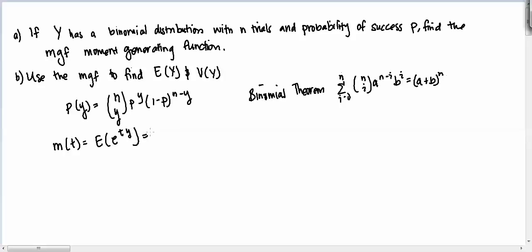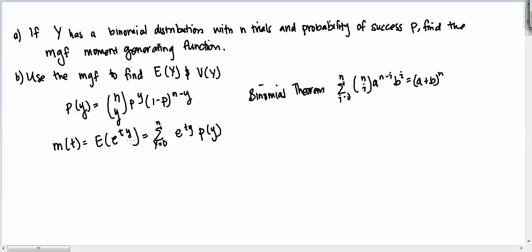And that's equal to the summation of y equals 0 to infinity, or in this case n, because our probability only goes up to n, of e to the ty times the probability of y. This is the way you start every single one of these problems, regardless of whether you're doing a binomial distribution or anything else.